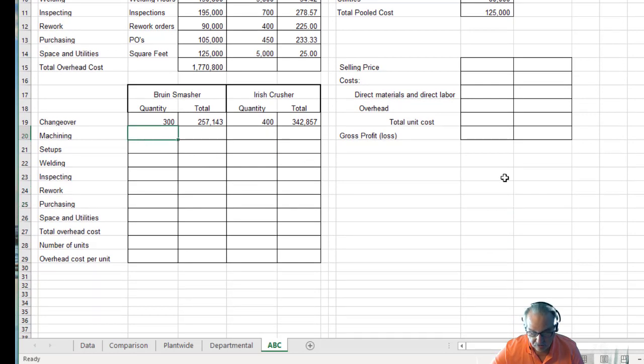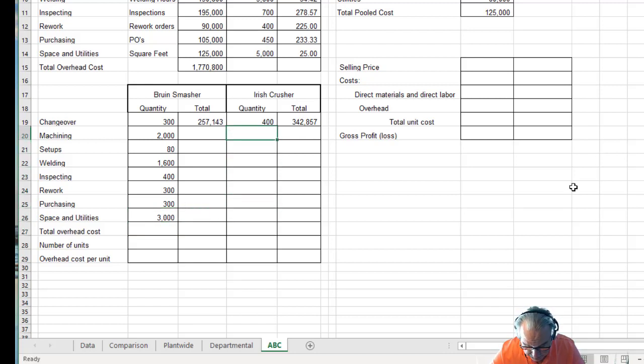So I can drop these in. For the Bruin Smasher: 2,000 machine hours, 80 setups, 1,600 welding hours, 400 inspections, 300 reworks, 300 purchase orders, and 3,000 square feet.